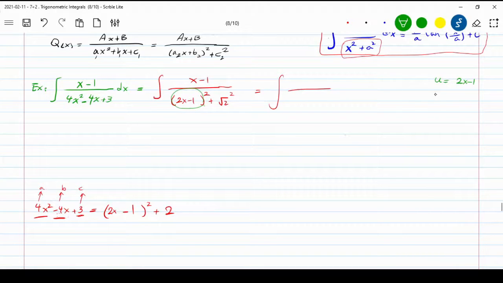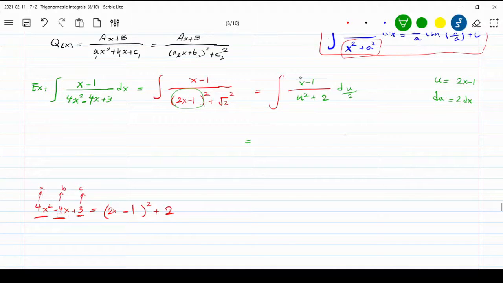What is du? du would be 2dx. So I will get x minus 1 divided by u squared plus 2, or square root of 2 squared. Okay, let me write it 2 for the moment. du divided by 2, because dx is du divided by 2.